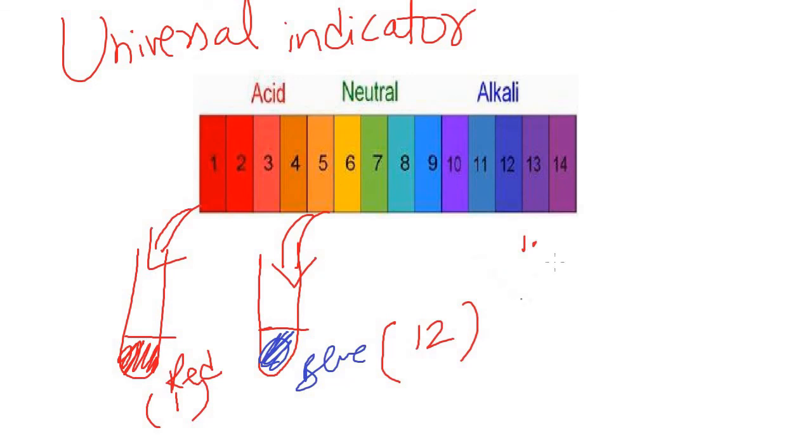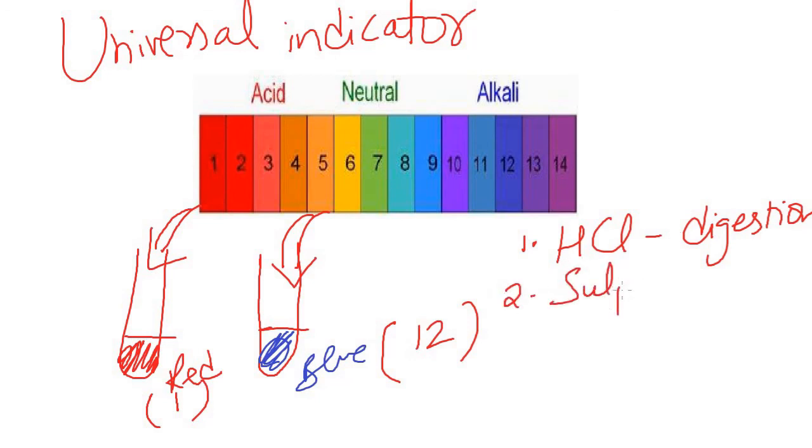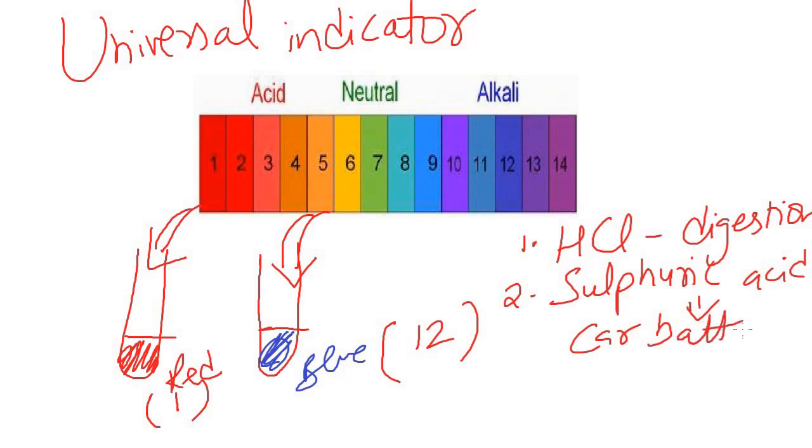So HCl plays an important role in digestion. It is present in the stomach. Apart from that, sulfuric acid is used in car batteries. Then nitric acid is used to make fertilizers.